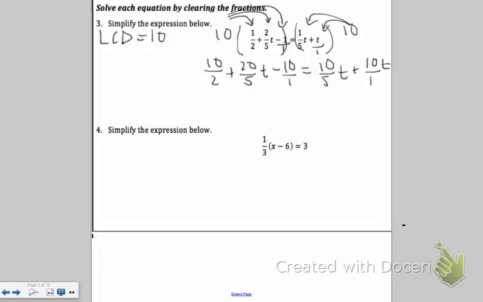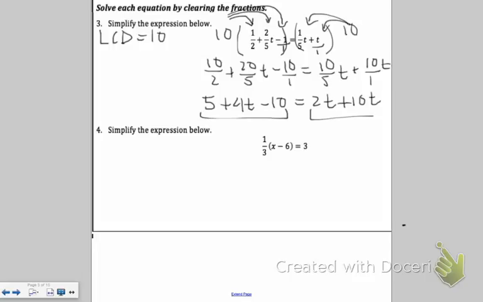Now again, nicely, it's going to divide out to coefficients and constants that are whole numbers. 10 divided by 2 is 5, plus 4t minus 10 is equal to 2t plus 10t.